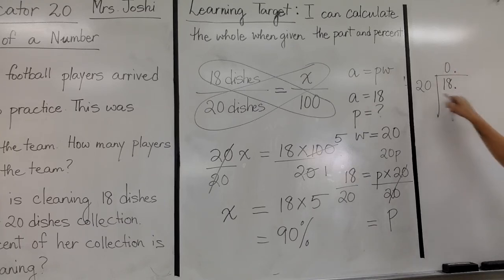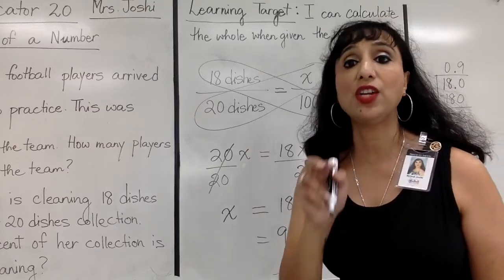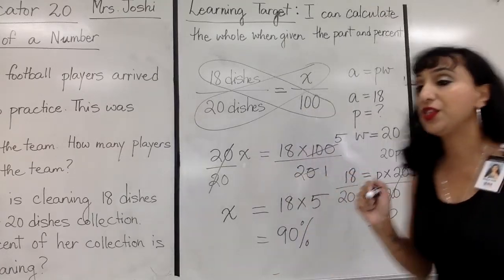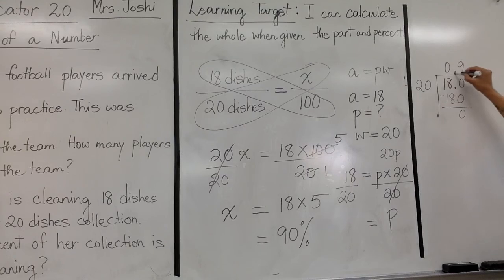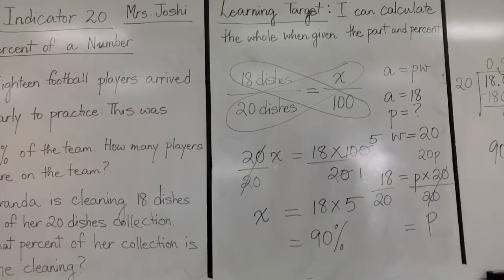This is not going to go by 20 because it's smaller, so I annex a 0. And then I have 9 times 2 is 18. Now you've done in the lesson before, in order to convert a decimal to a percentage, you have to move the decimal place value 2 places to the right. So if it's at 9/10, I go 1, I go 2. That gives me 90%. Okay, so this is how you calculate the other values.